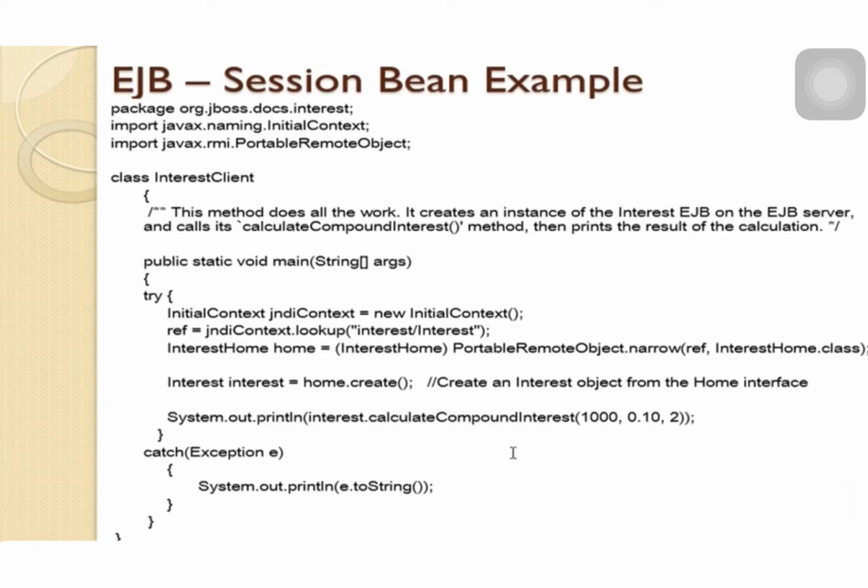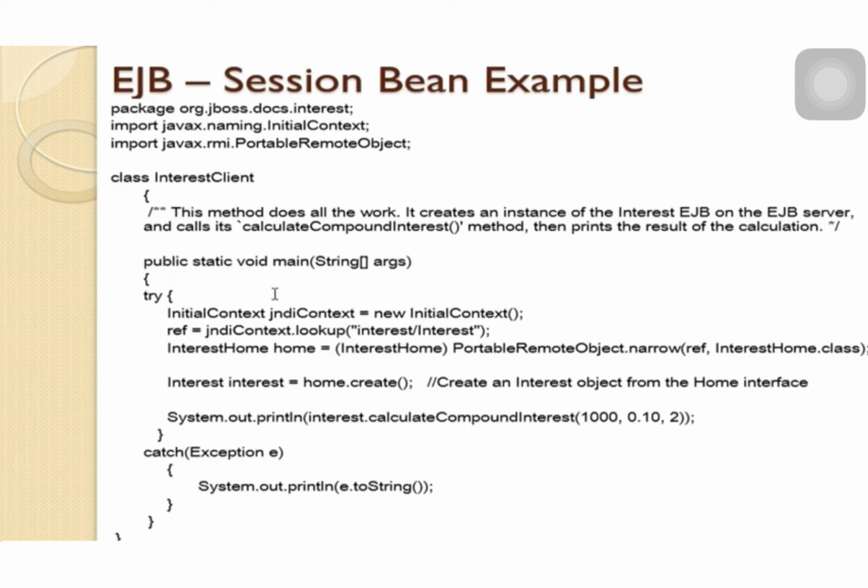So please remember, from the perspective of the server, after we implement the actual bean, the EJB class, we also need to implement the home here, the home, right? And also we need to prepare the configuration file, right? The configuration file so that the developer can register the session bean into the JNDI.